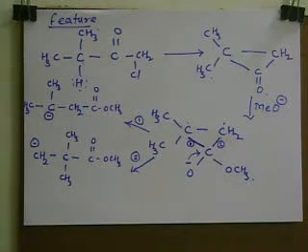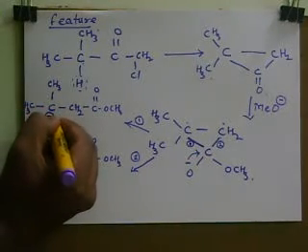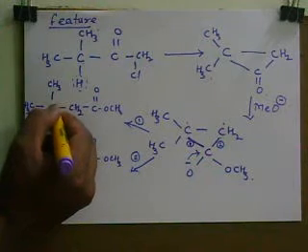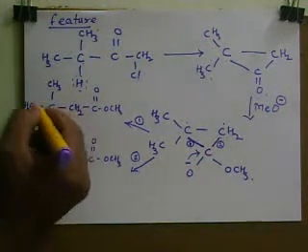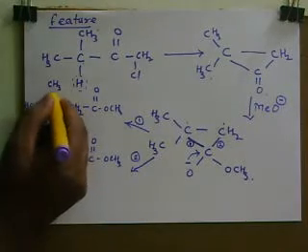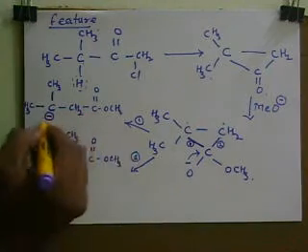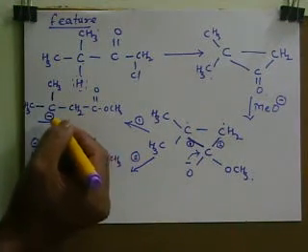So which carbanion is more stable? This is a negatively charged carbon, that means one extra electron is present on this carbon. Now these alkyl groups are electron donors.